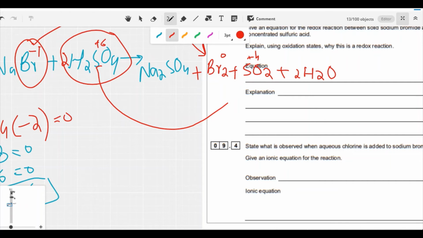Now you can see the sulfur's oxidation state changes from +6 to +4, a decrease in the oxidation state, so reduction occurs because gain of electrons takes place.